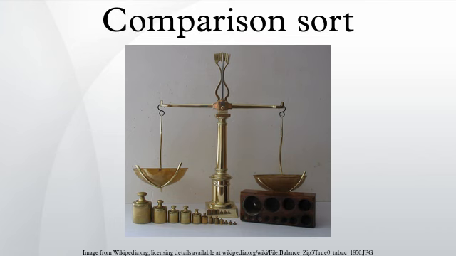This can be most easily seen using concepts from information theory. The Shannon entropy of such a random permutation is log₂(n!) bits. Since a comparison can give only 2 results, the maximum amount of information it provides is 1 bit.